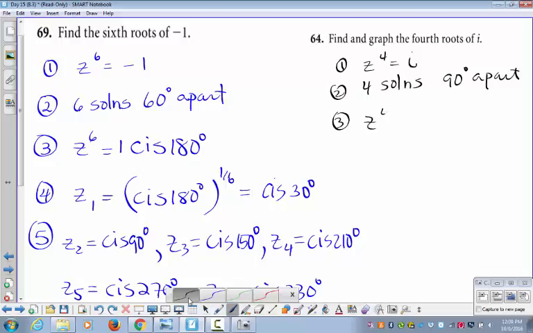We have to write the right-hand side in trigonometric form. So we're up here at 90 degrees. And we're on the unit circle because that's only 1 unit from the origin. So this is CIS 90 degrees. Then we find our first solution by doing De Moivre's theorem with a fractional exponent.